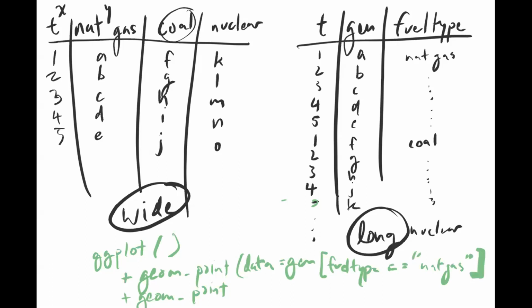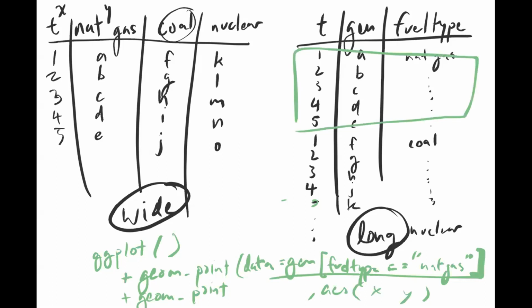Then you do your aes for your X and your Y, and it's only going to look at this subset of data, so it'll look exactly the same as if you had it in wide. For the other ones, like coal, you do the same thing, with data equals coal or something like that.